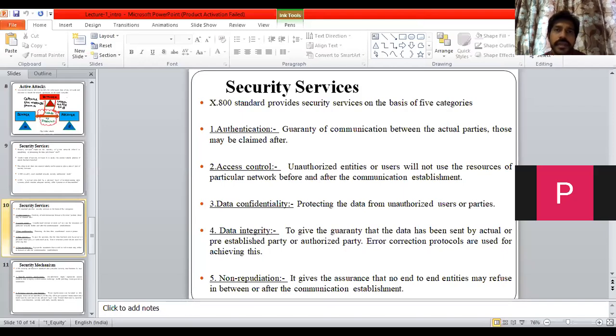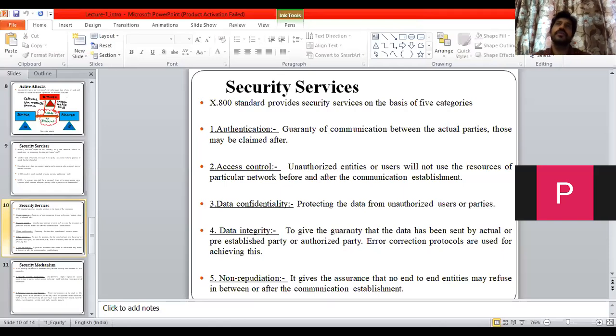Or maybe if it is not saved, you have memorized that number. So before starting the communication, it is obvious that both parties have agreed to communicate. So authentication must be there.